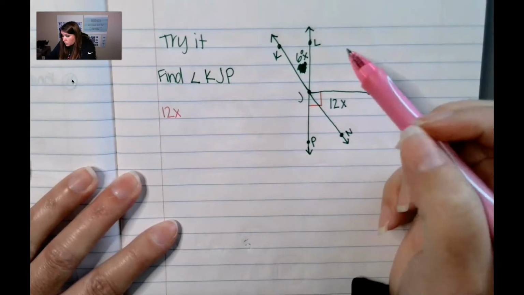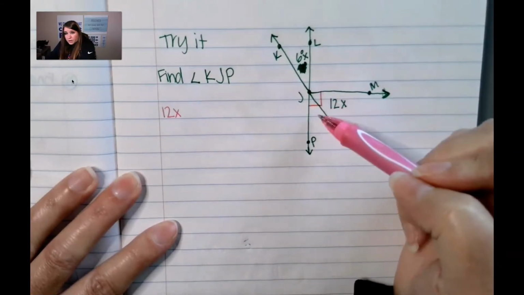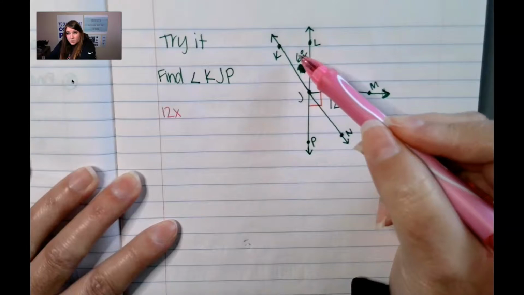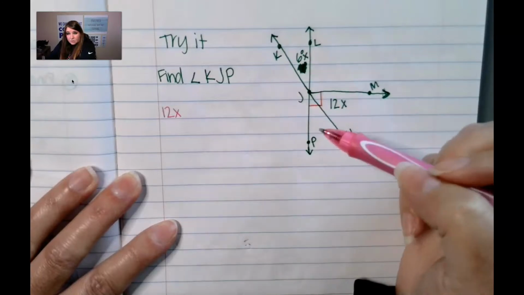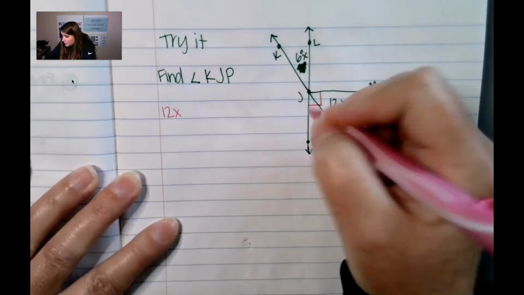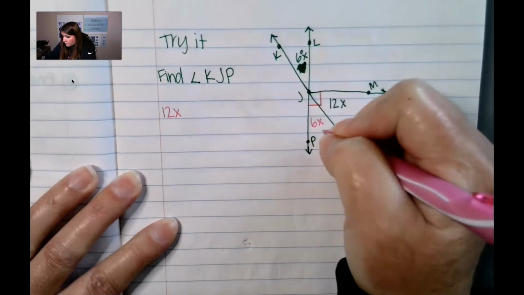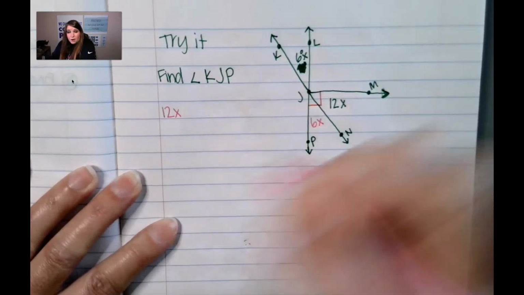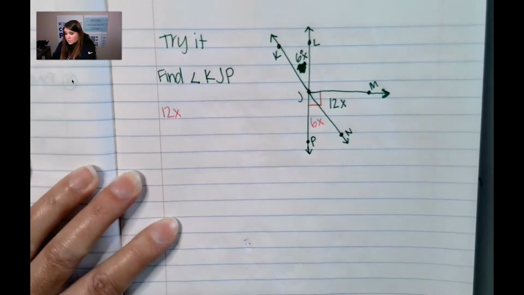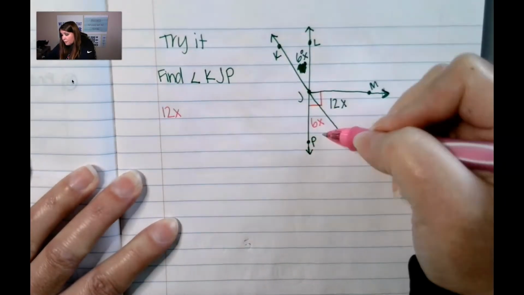We also know that we have some angles that are vertical, okay? So we know that this angle here is 6x, which also makes this one straight across 6x because they are vertical. They are the same, right? So being that they're straight across off of this straight line, it made them vertical.